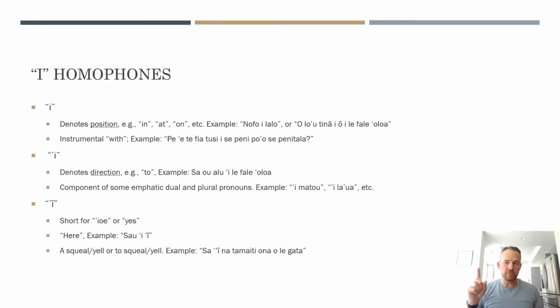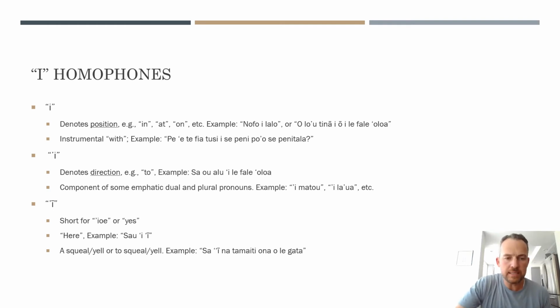I'd refer you back to that lesson because I can't redo it all here. An example might be i mātou, which means all of us except for the person being spoken to, so it's an exclusive plural pronoun. Or i lāua would be another one, which means those two over there. You could say i lātou, i tātou, i māua, i tāua. Go back to the other video if you want to see examples of that, but it just goes to show that you'll see that word and it means something different.